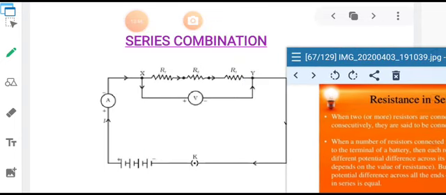See, when the resistors are connected end to end, and the battery is providing a potential of V, then the potential drop across each resistor is going to be different.